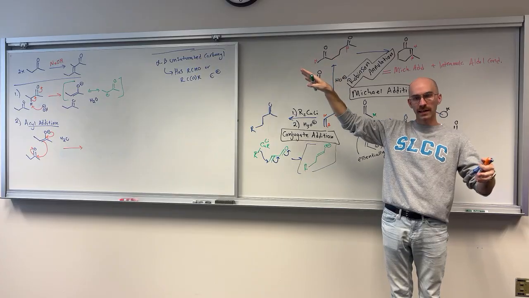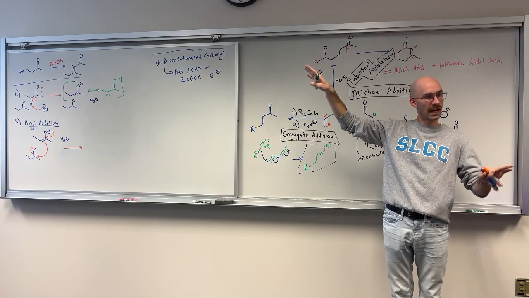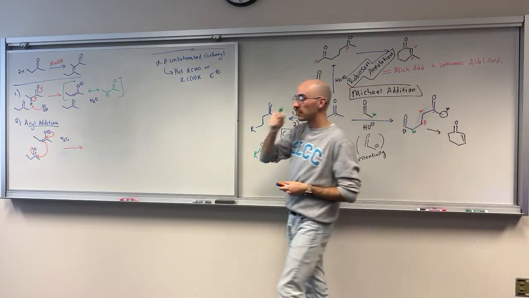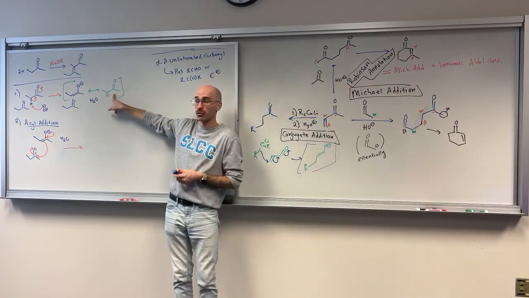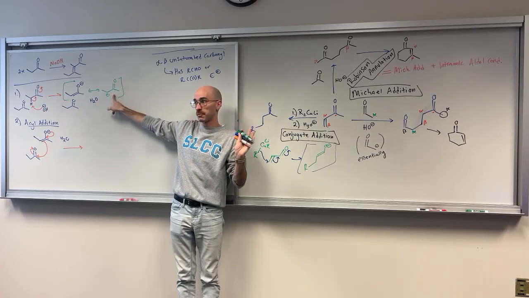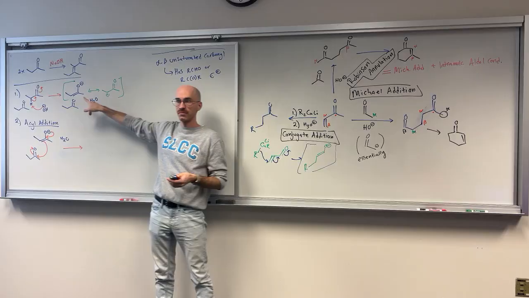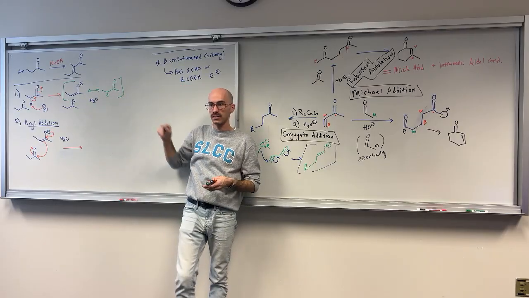When oxygen has it, it's more stable. When carbon has it, it's more reactive. So, to be fair, you could draw this and only this resonance form. That's perfectly legal, but this is the more stable resonance form. This is the more reactive resonance form.